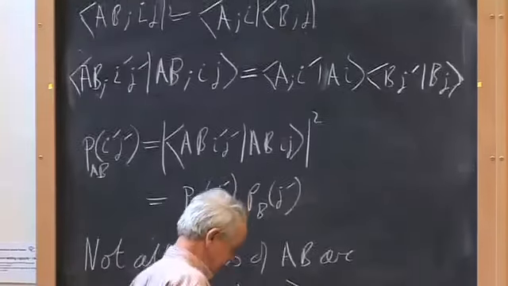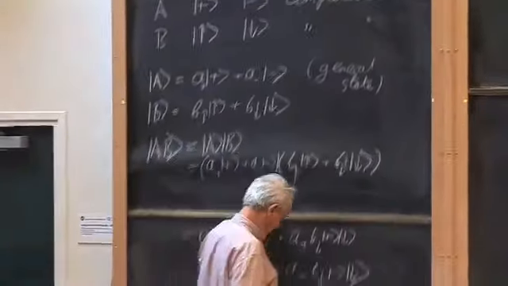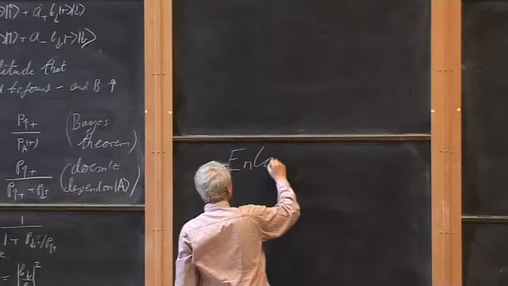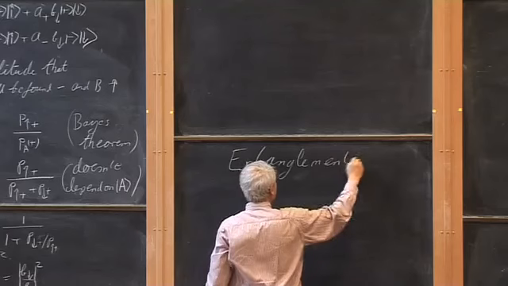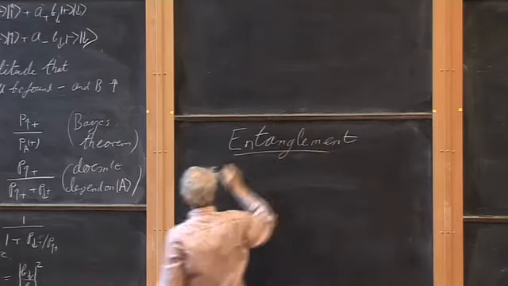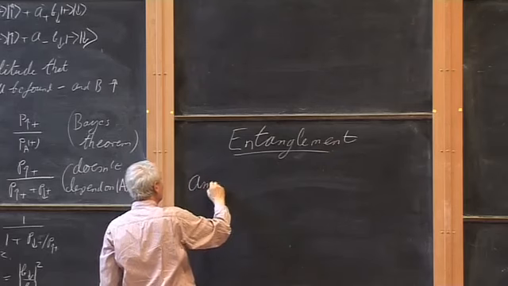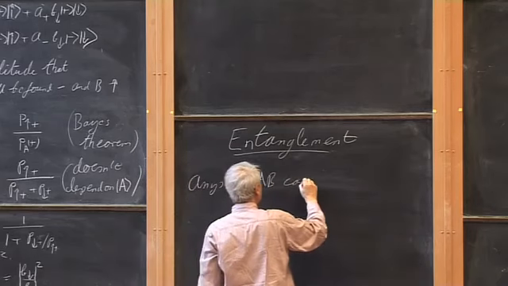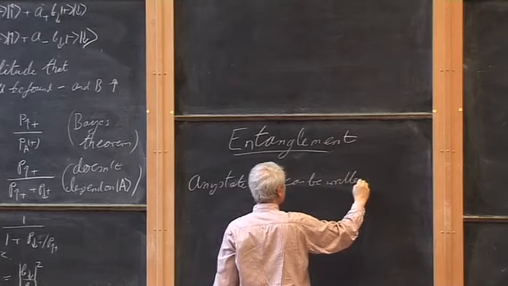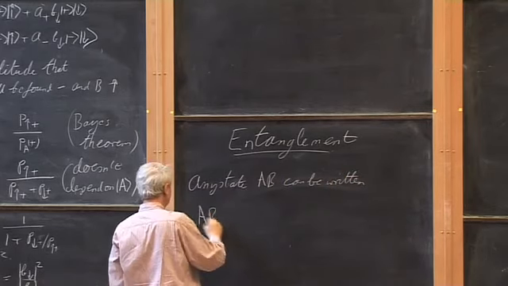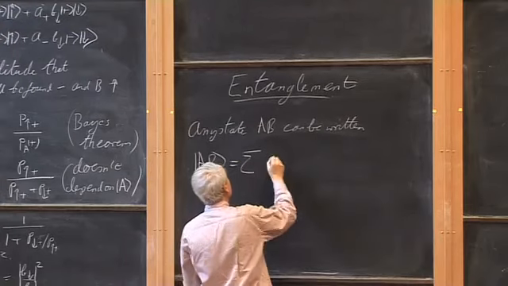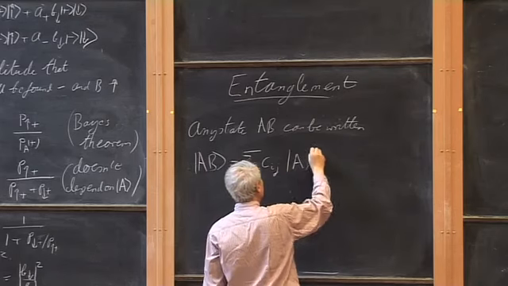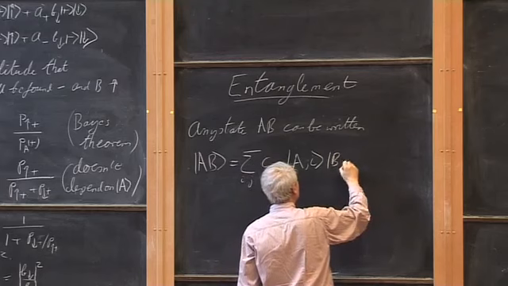So the conclusion here is, any state of AB can be written as the state AB equals the sum Cij, summed over i and summed over j, of states A_i, B_j.